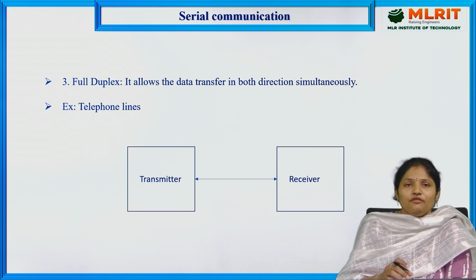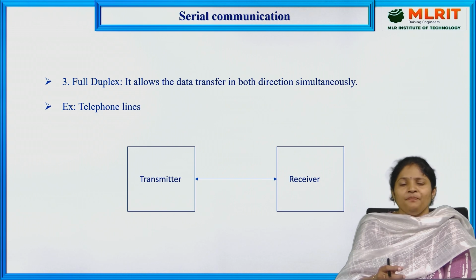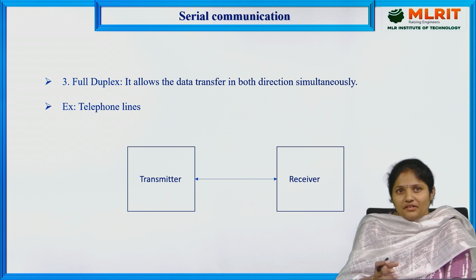Coming to the full duplex mode, this is the serial communication mode we are using here. The USART, Universal Synchronous Asynchronous Receiver Transmitter, also uses full duplex communication, and the USART 8251 can support both synchronous and asynchronous communication.